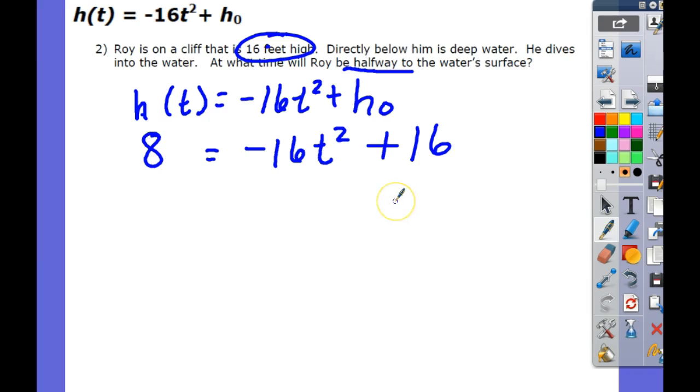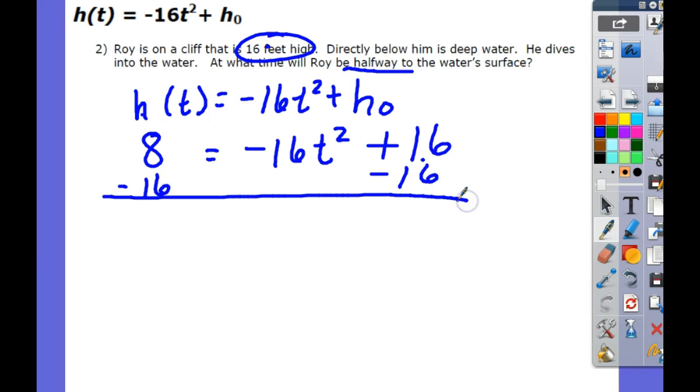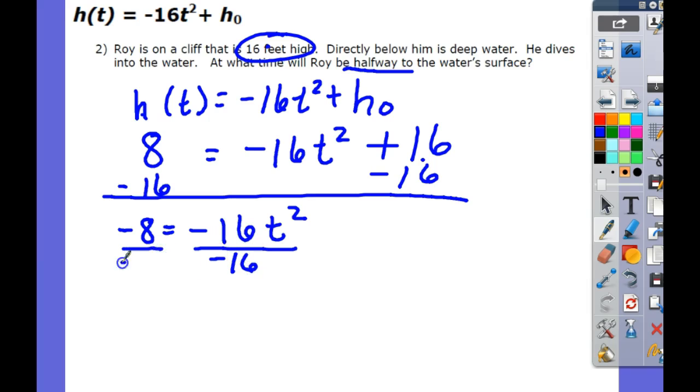So what do we do with this 16? We're solving for the t. What do we do with this 16? Cancel, cancel.